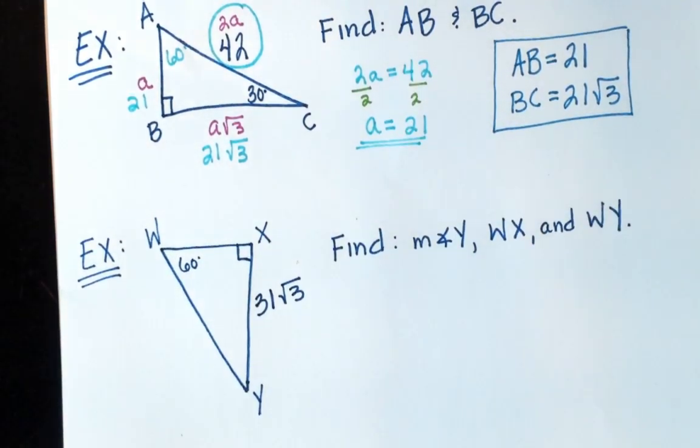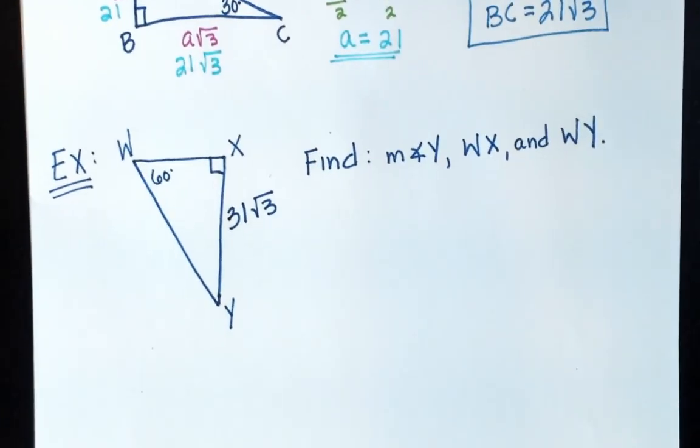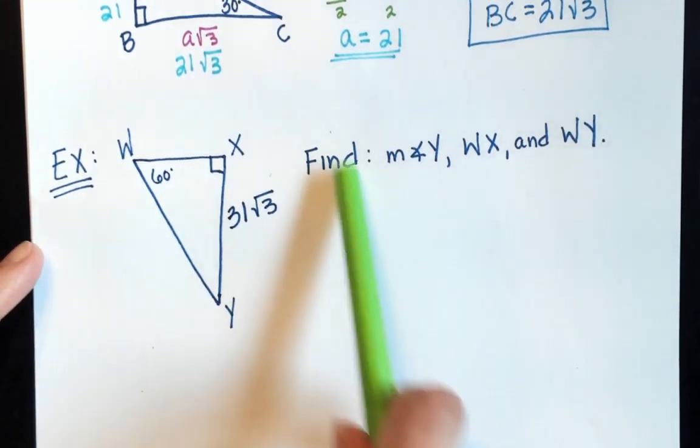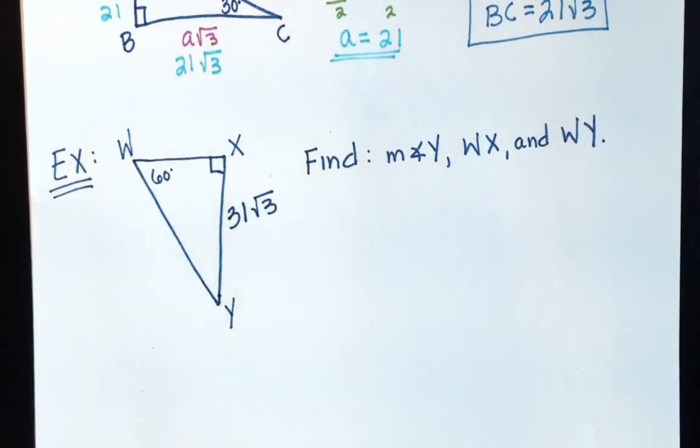All right, a little bit different. This time we're actually asking you, what is the measure of angle Y? A lot of times they'll say solve the right triangle. Solve the right triangle pretty much means whatever you can fill in, fill in.